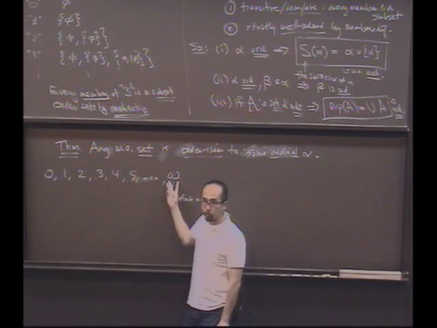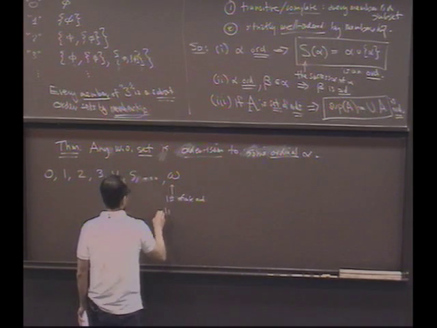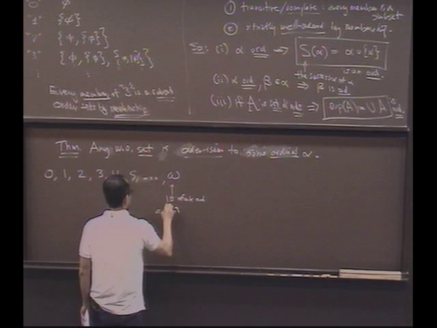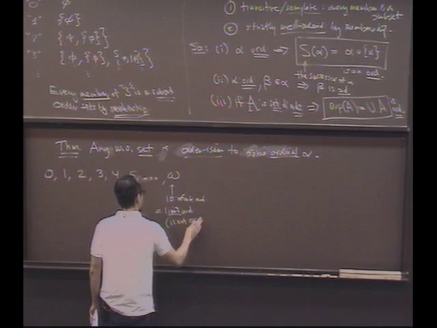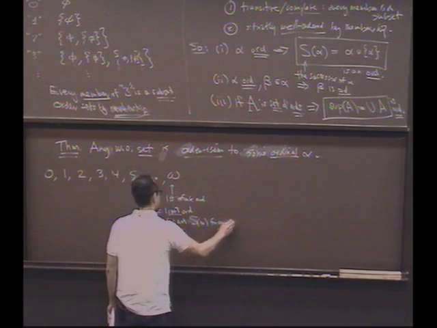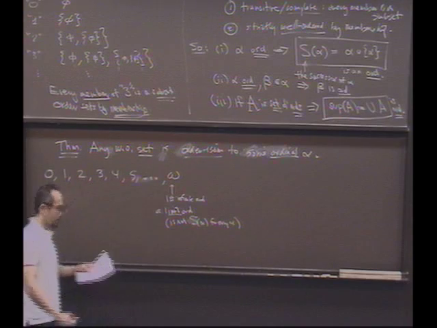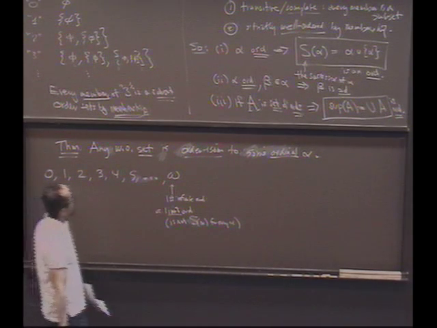It's given by the supremum construction, so it has a special name. We call it a limit ordinal. A limit ordinal is not the successor. It is not S of alpha for any alpha. It's not a successor ordinal.